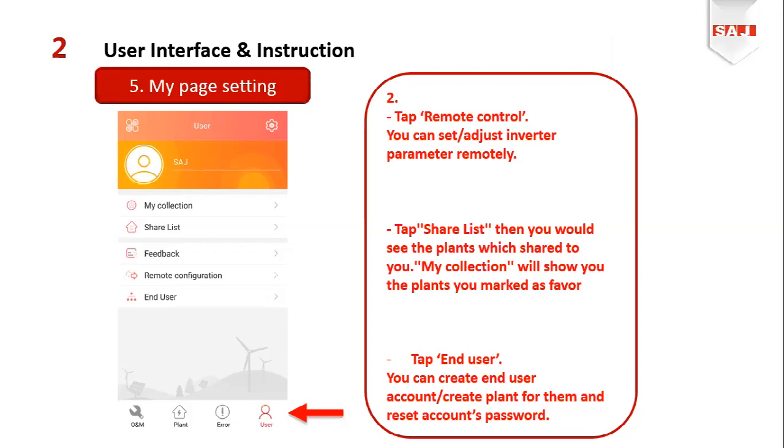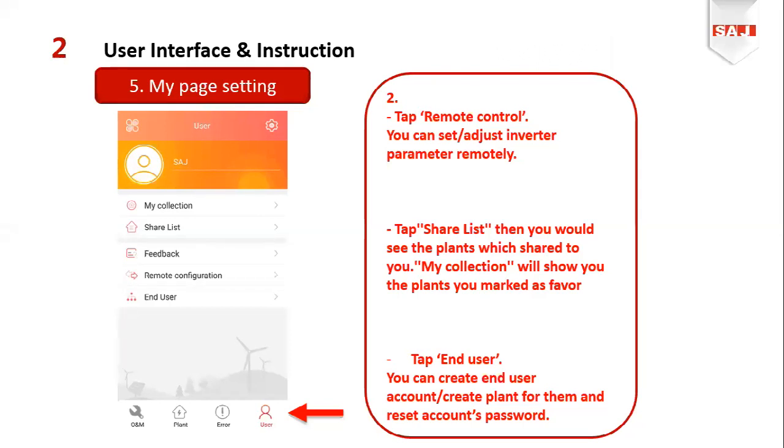Also, you can click user to create the end user account or the plants for the end user list, and also you can reset the default password for the end user account. The default password for the end user account is 123456.